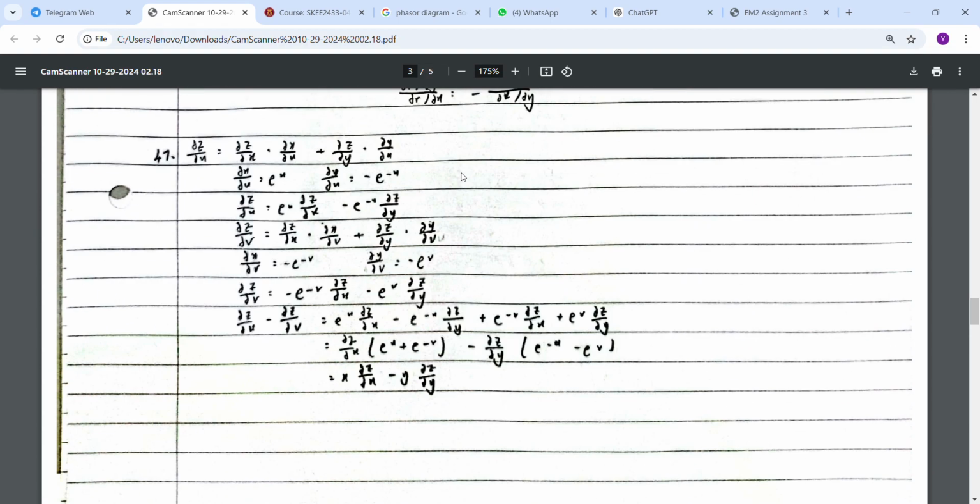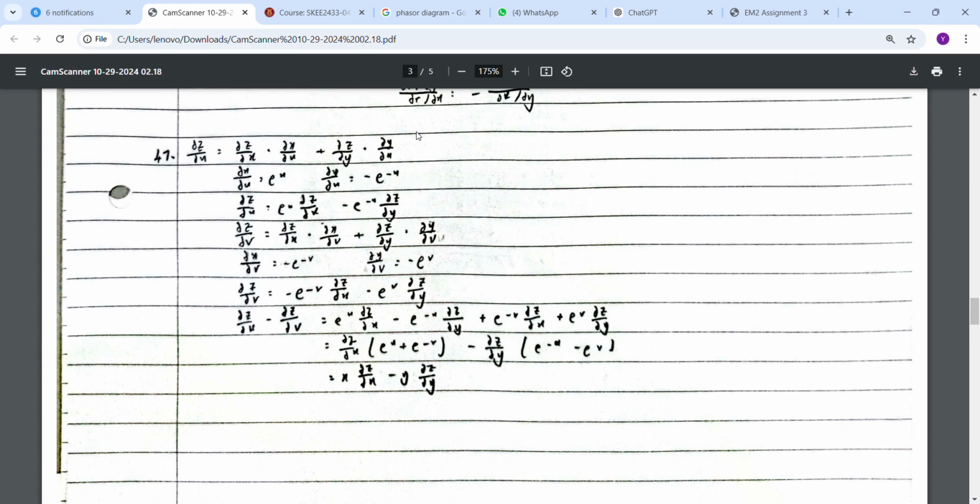For question 47, we are required to find ∂z/∂u. For ∂z/∂u, the formula is ∂z/∂x multiplied with ∂x/∂u plus ∂z/∂y multiplied with ∂y/∂u.